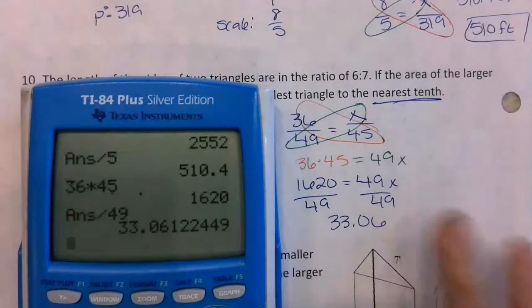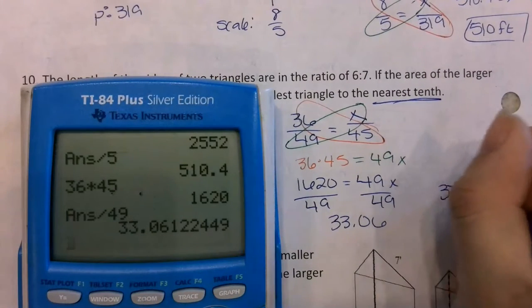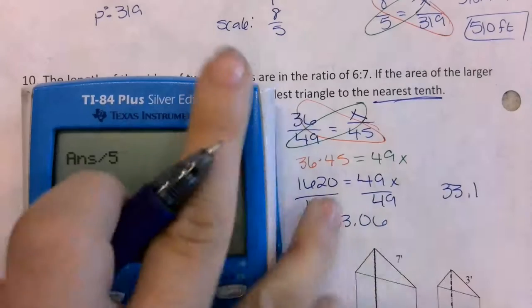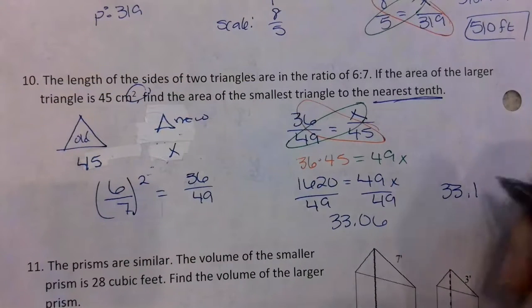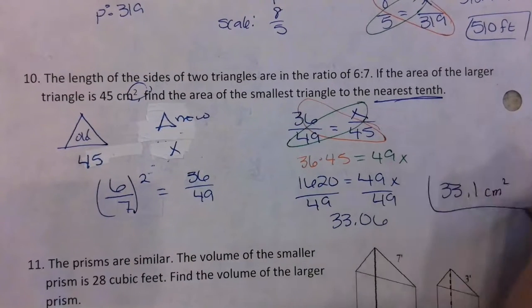The problem wants me to round to the nearest tenth, so that's going to be 33.1, and I was measuring in centimeters squared.